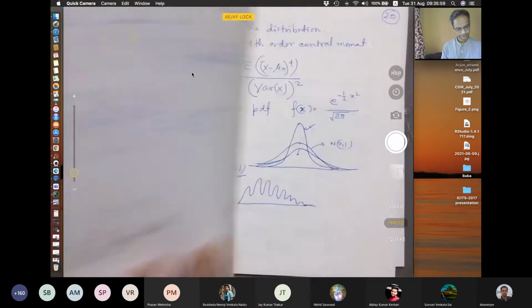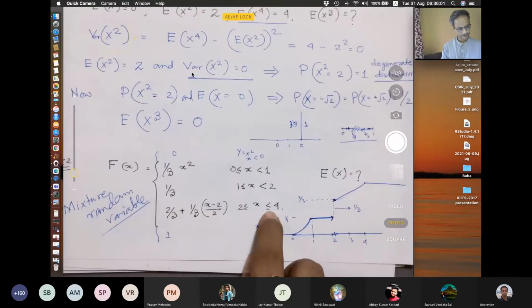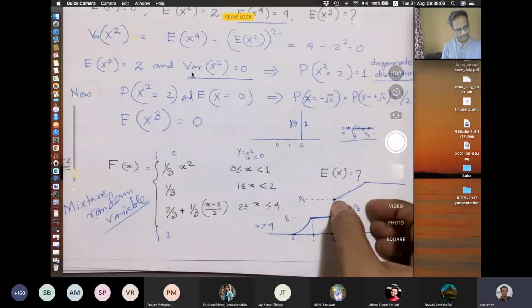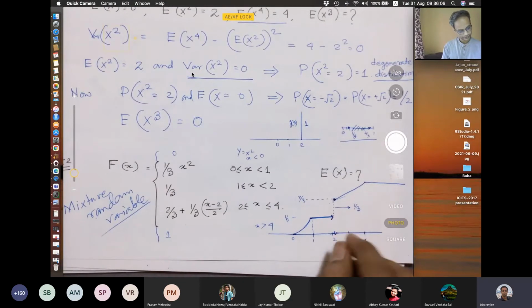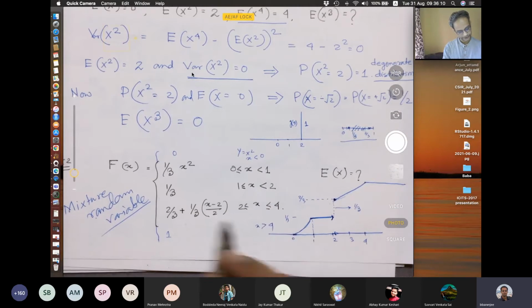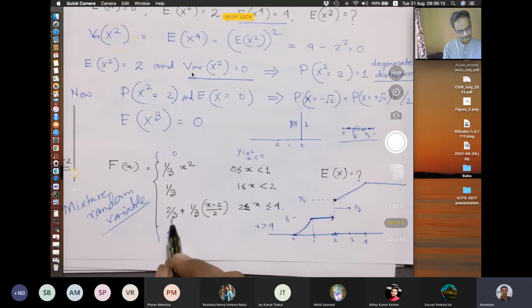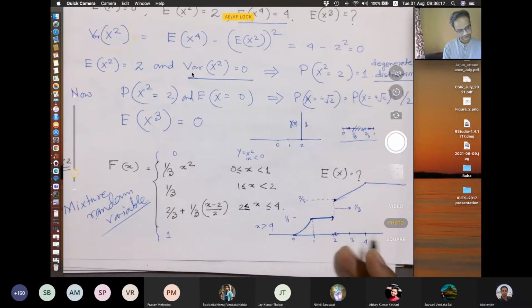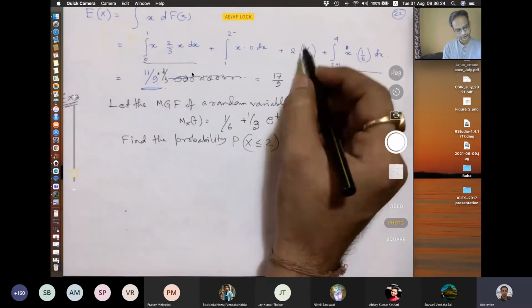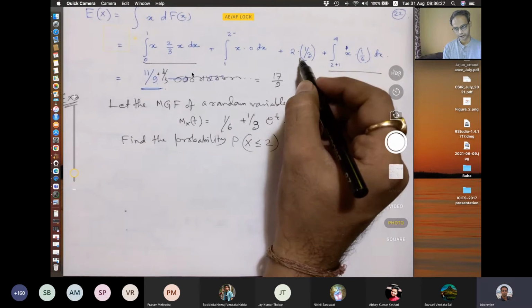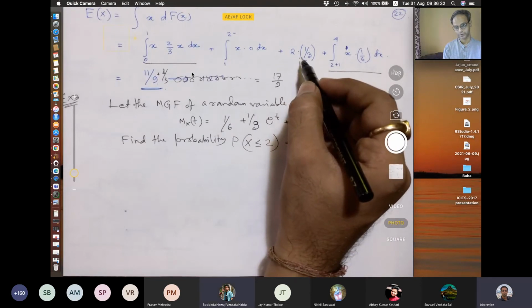So at x equal to 2, shall we take 2 by 3 or 1 by 3? Here it is given x less than or equal to 2, 1 by 3. And from x equals 2 with the equal to sign, it is given 2 by 3. So shall we take 2 into 2 by 3 or 2 into 1 by 3?